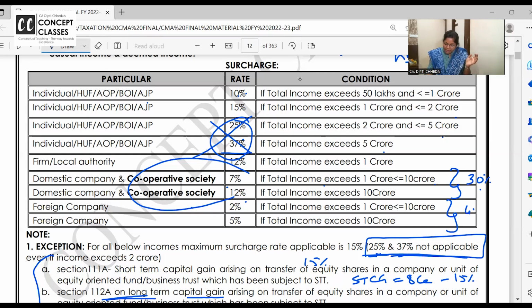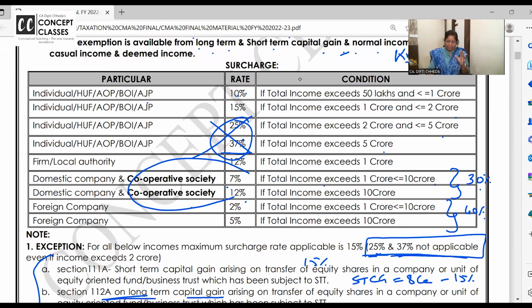For a foreign company, the basic tax rate is high, 40%, so surcharge rates are less: 2% if the income exceeds 1 crore up to 10 crore, and 5% if the income exceeds 10 crores. Clear?